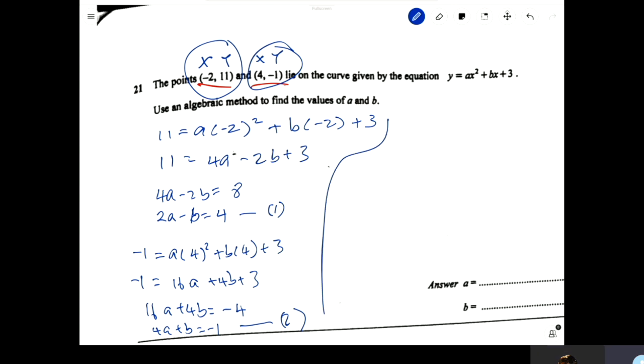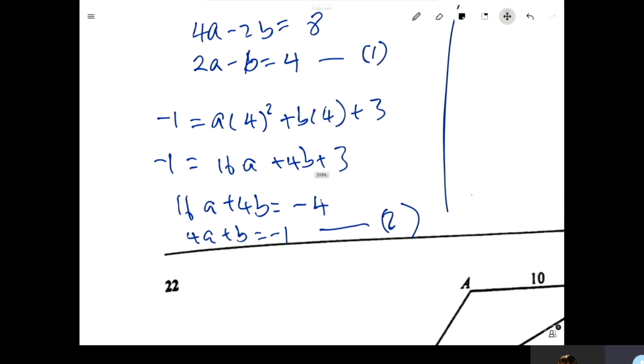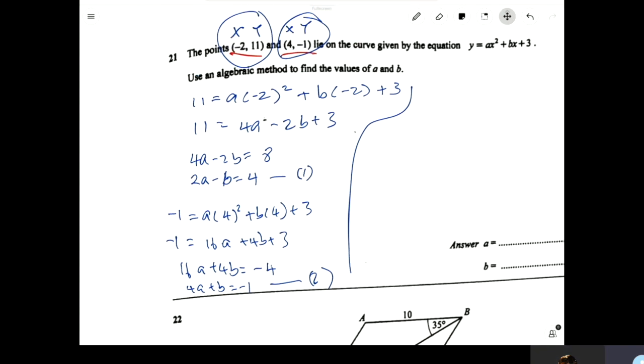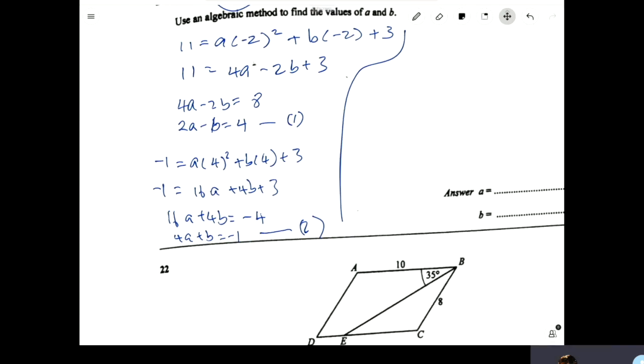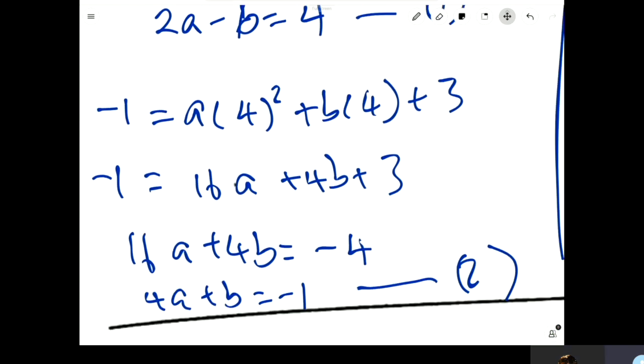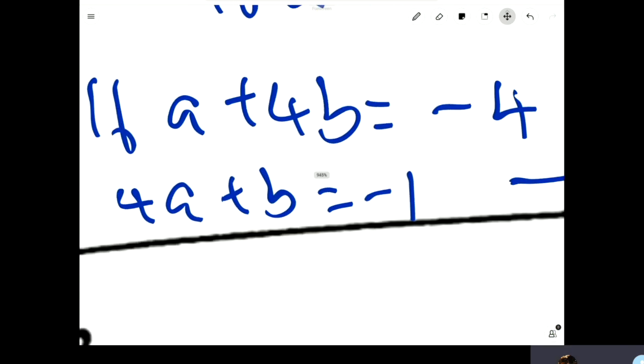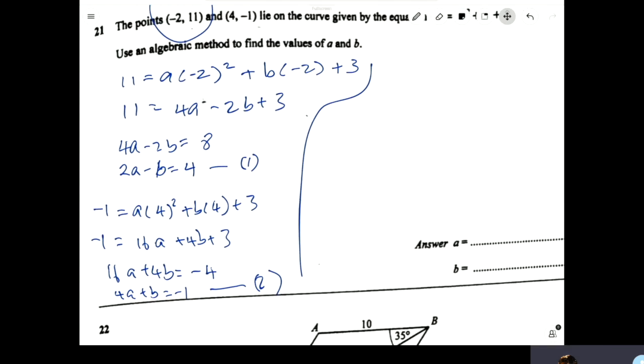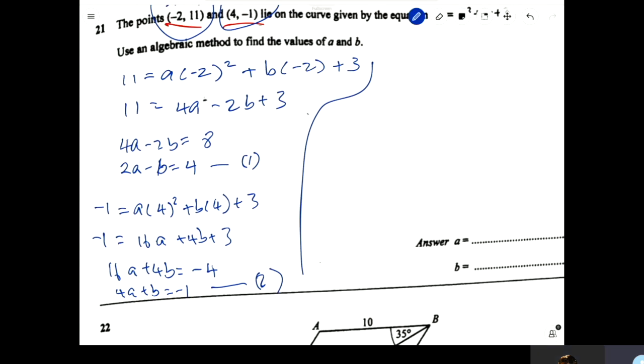Right, so we're going to do simultaneous equations here. We have equation 1 and equation 2. We can use the elimination method since this is -b, and below is positive b here. Both have the same coefficient. So what I'm going to do is take equation 1 plus equation 2.